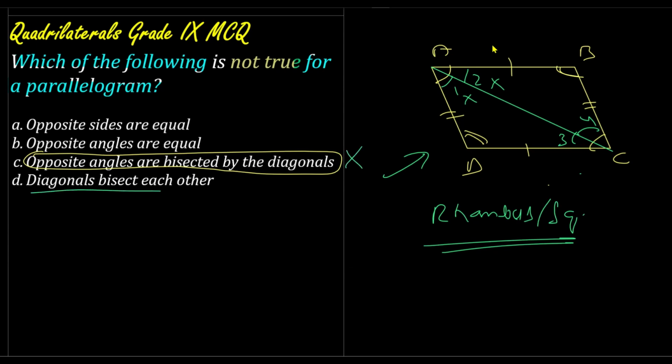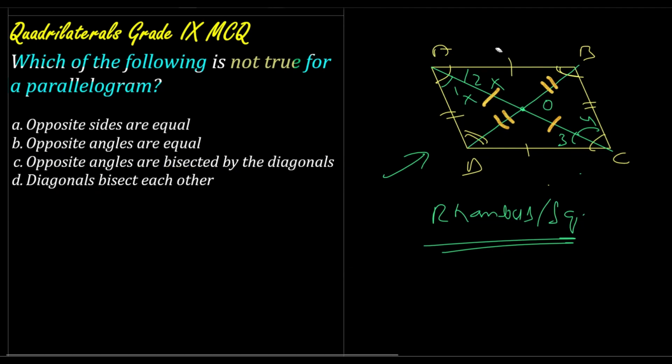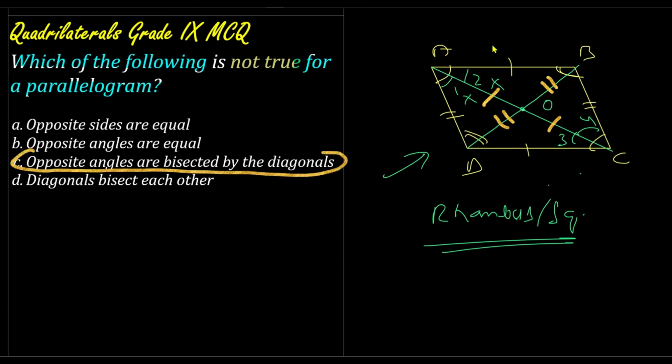Option C, diagonals bisect each other, is true. If I join the other diagonal BD, taking O as the point of intersection, AO is equal to OC and OB is equal to OD. So we just had to select the incorrect one, and option C is incorrect in this case.